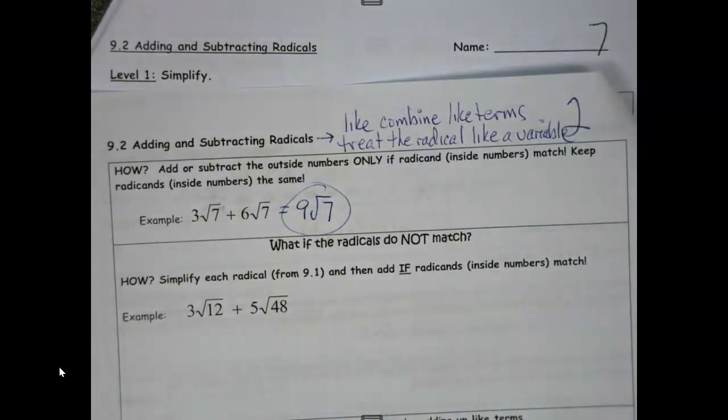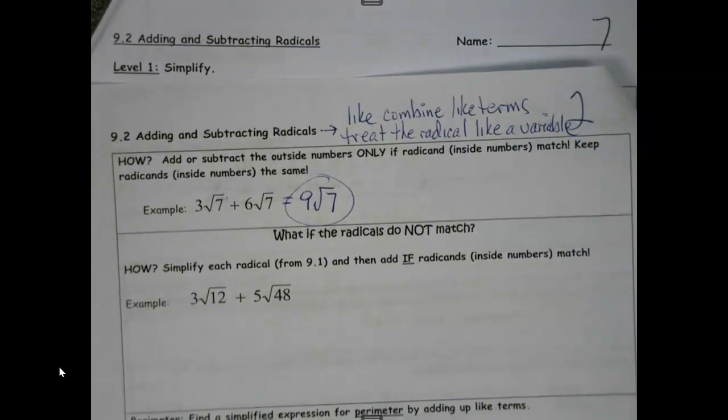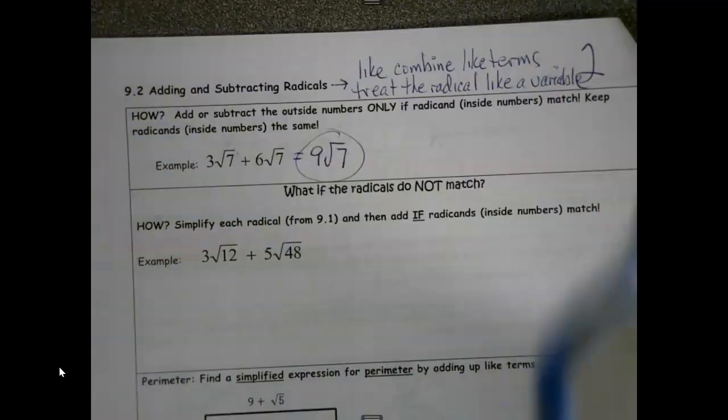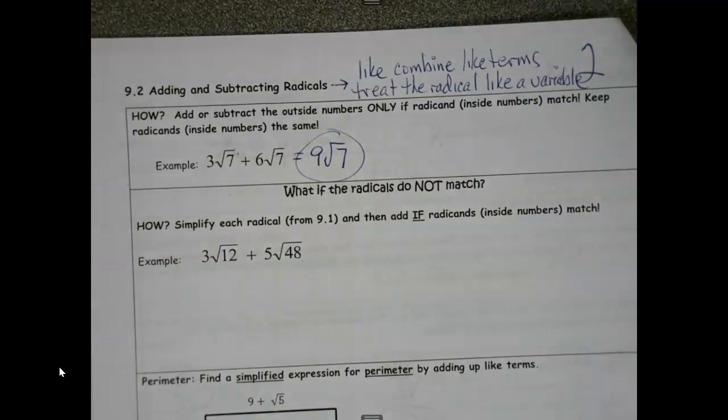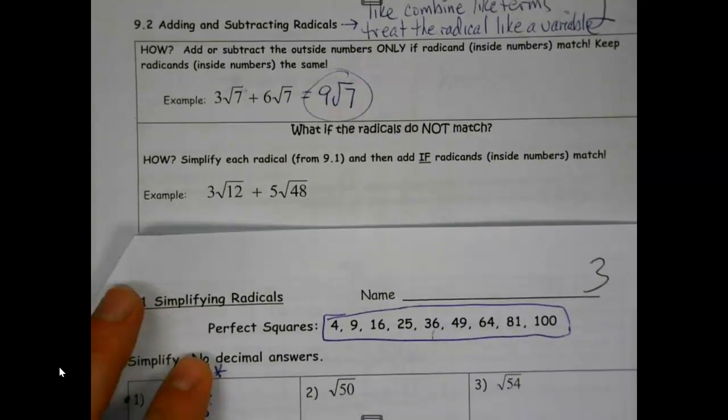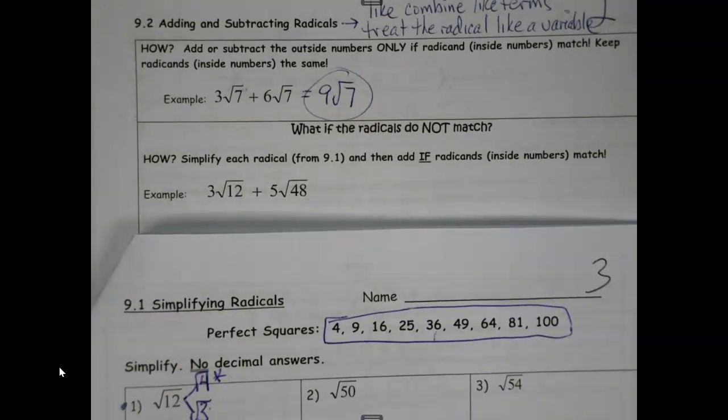So, these are not the same, but all is not lost. If I go back, I'm just going to use this so we have this to reference. I got to go backwards. Okay, there we go. So we've got our perfect squares.